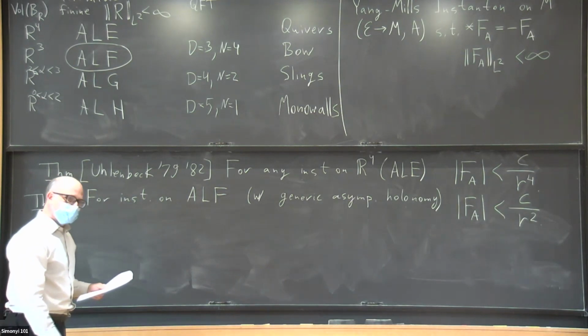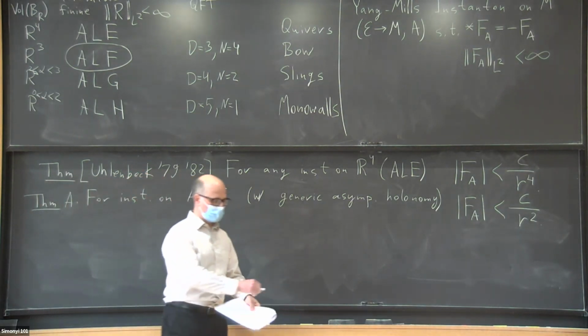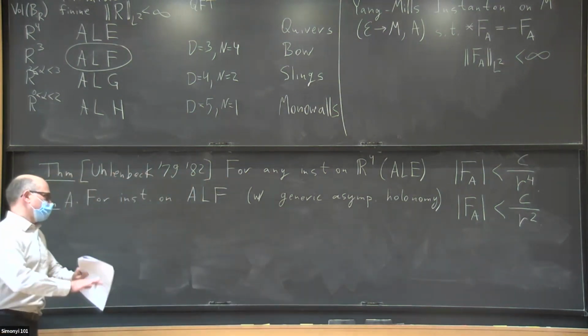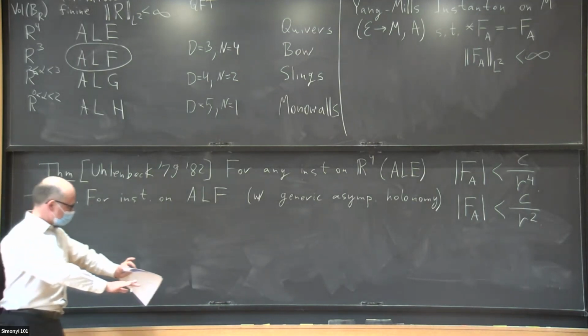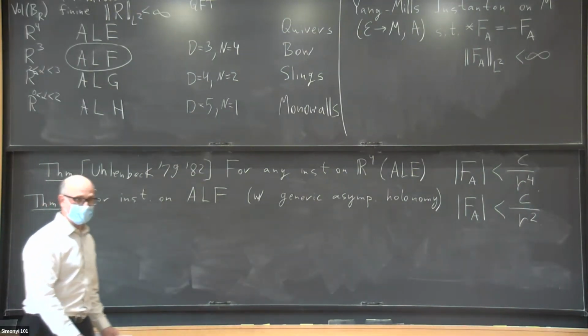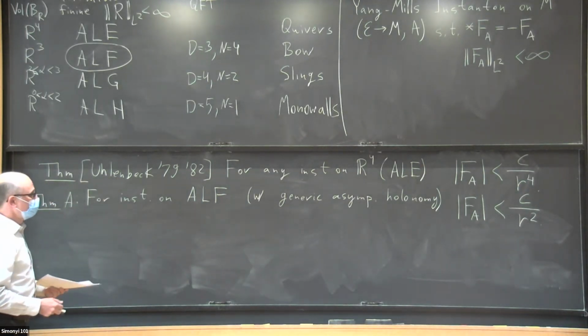What do you mean by regular holonomy? It means, if you think of it as an element of U(N), then all of its eigenvalues are distinct. We impose it for simplicity, but the whole construction, I believe, generalizes to the degenerate case.